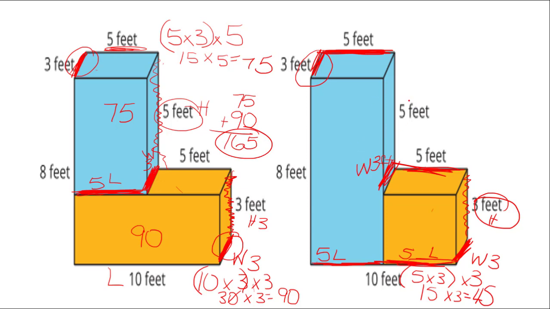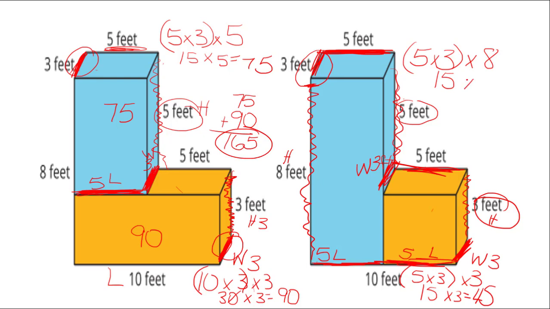Is the 5 the height? No, that's just here. So my height is here. So 8 would be my height. So your equation for the blue would be length times width in parentheses times height. So 15 times 8 equals 120 for my blue one.